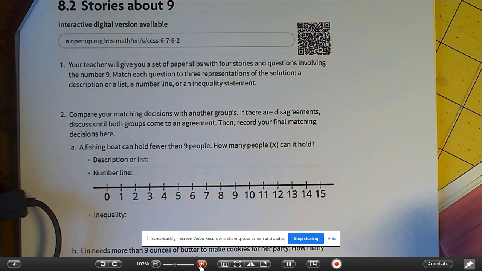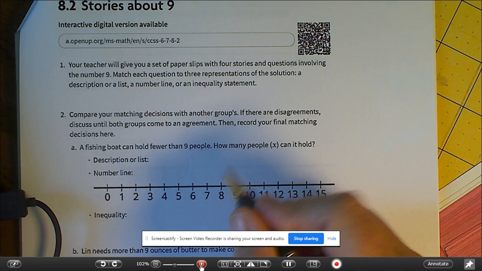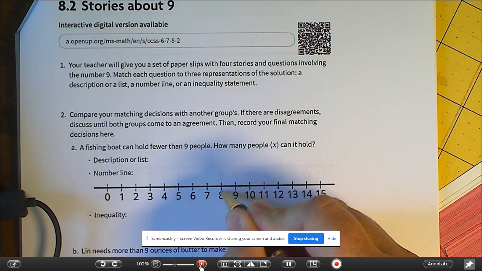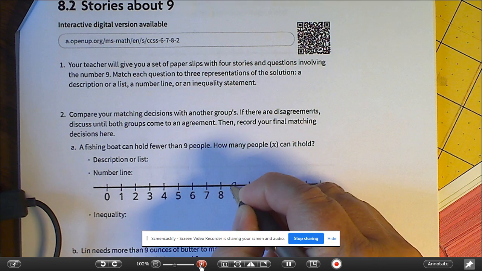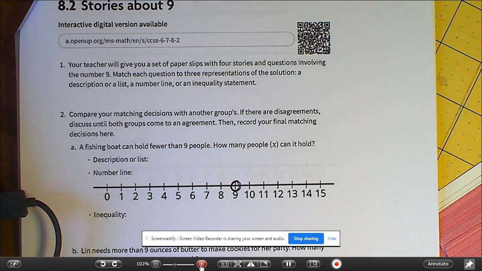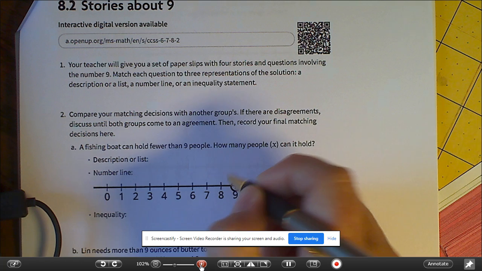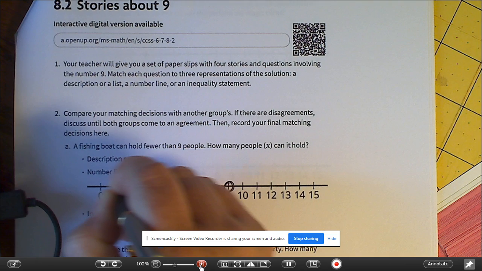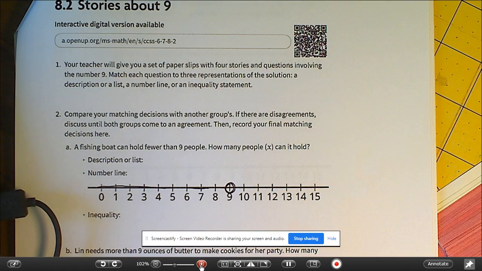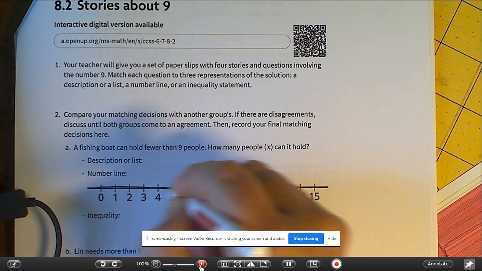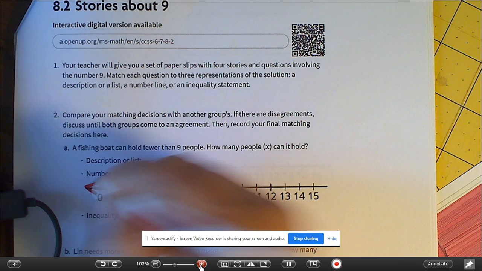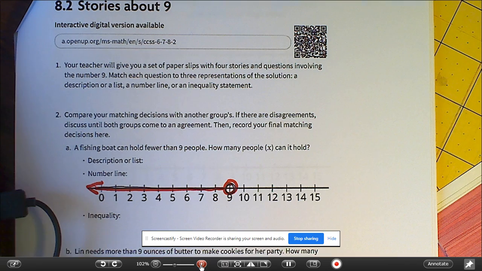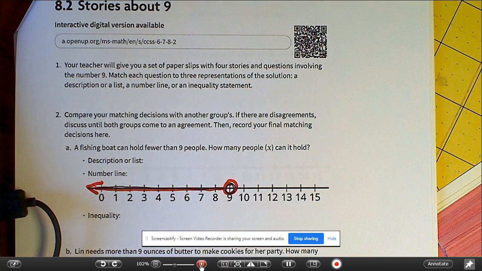So on your number line, it can either be at 8 or it can be an open circle. Remember, that does not include 9. Solid would be including 9. And it can hold fewer than 9 people. So your number line is going to go to the left, which you can't see because I have a black. So let me get a red one. Okay, and then you go like that. So open and to the left.